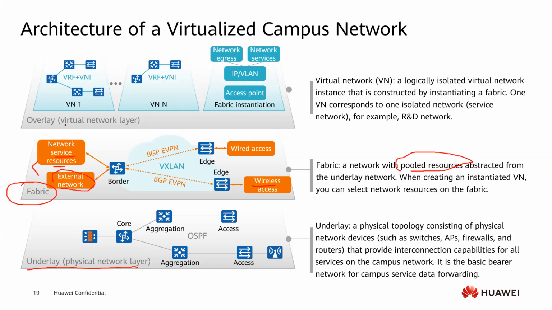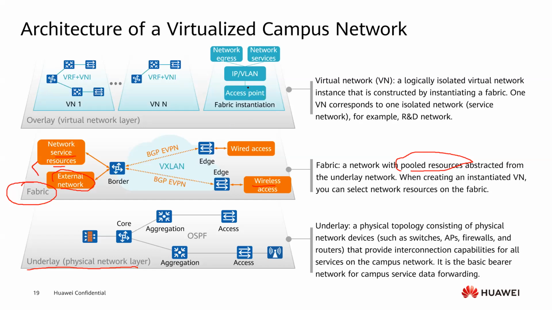So the upper layer is the virtual network layer for the VNs. Different VNs correspond to different IP VPN instances. For different VPN instances, it's just the VRF. You just create them in the configuration. It's like you create a lot of VRFs to separate different services.